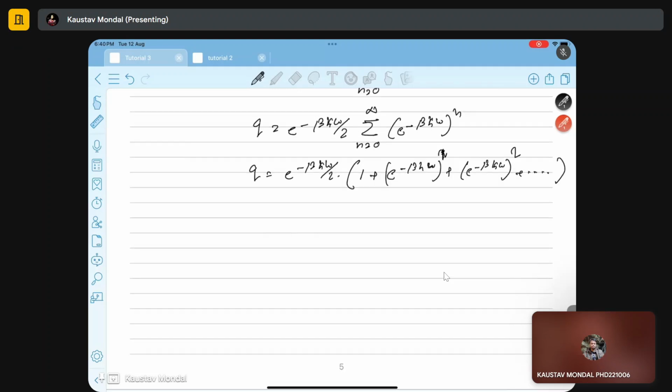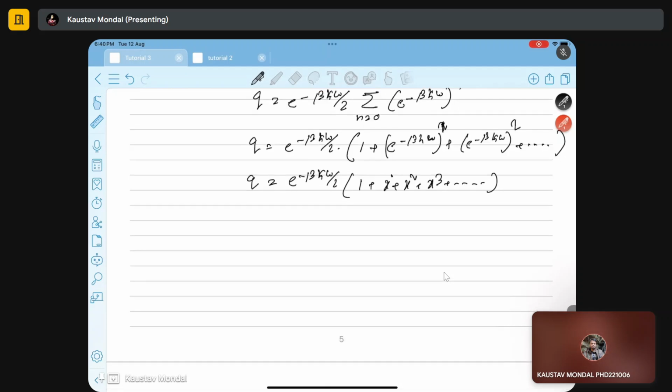Like this, it tends towards infinity. So this can be written as x plus x squared plus x cubed, and this goes on and on.